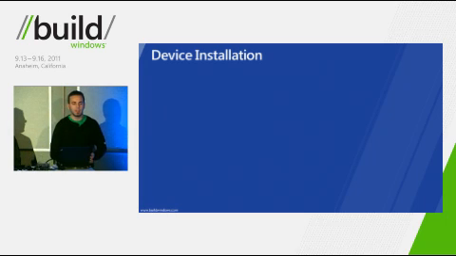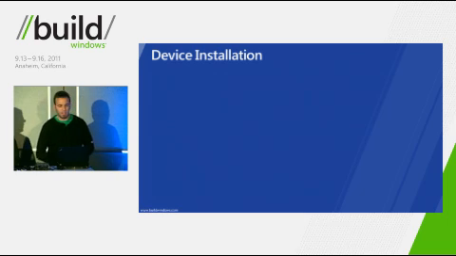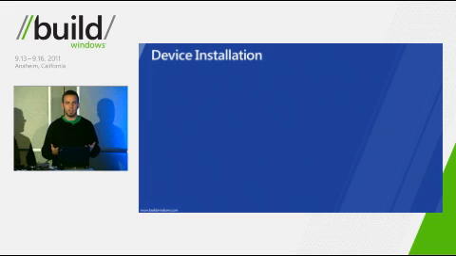So, moving on, how does device installation actually work? Well, it's the process of matching the most appropriate driver to a given device and then installing that driver onto the device so that the device can be started, can expose some interfaces, and begin communicating with the operating system or your applications. So how does this all happen?